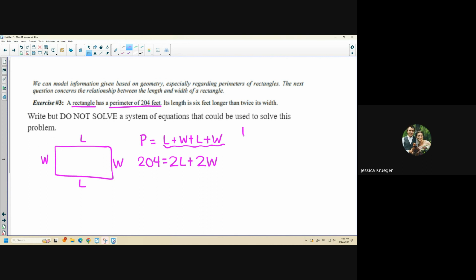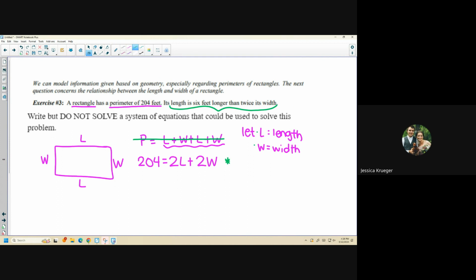And again, I'll let L be the length and W be the width. We said if we have two unknowns, L and W, we need two equations. Now, this equation is equivalent to this one that I wrote here. So I only have one equation right now. Where do I get the second equation? My second equation is going to come from right here.